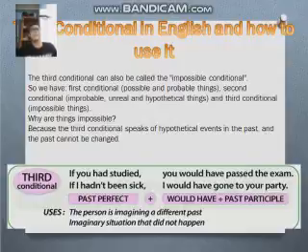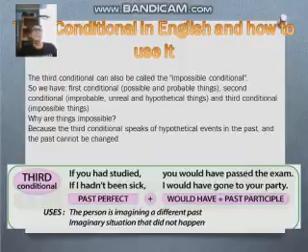Mixed conditionals in English are used to talk about an event in the past and its hypothetical result now. They are called mixed because they mix past and present.